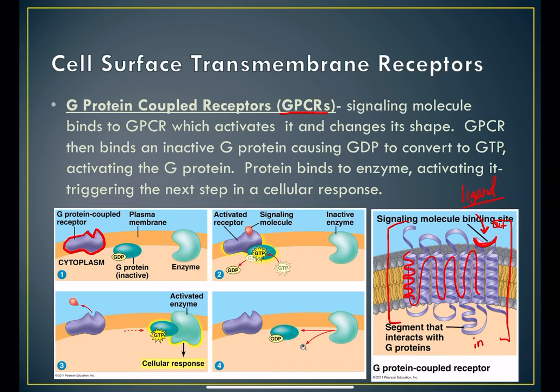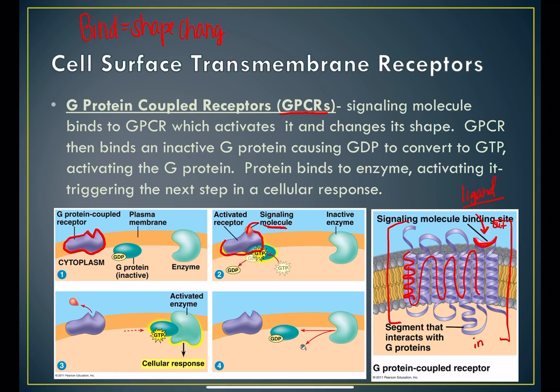It's going to have a signaling molecule that binds to it. When that signaling molecule binds, it activates the G protein coupled receptor. Generally when a molecule binds to something, that causes a shape change. Bind equals shape change. We've got to know that.